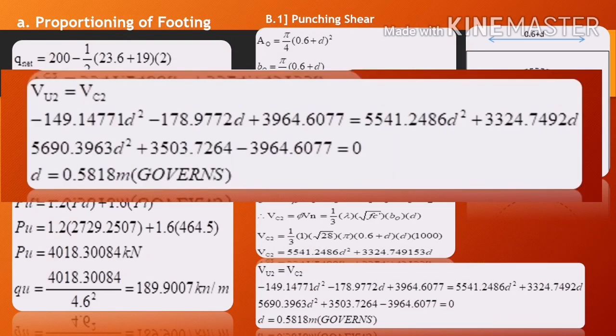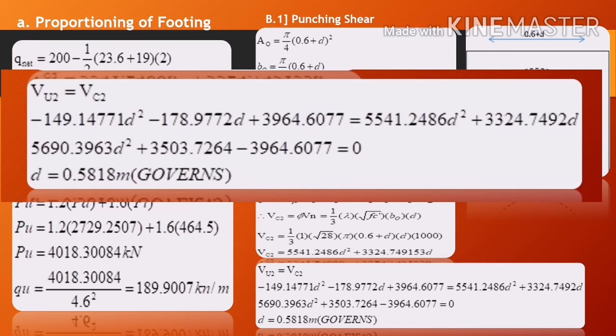So, negative 149.14771 D squared minus 178.9772 D plus 3,964.6077 is equal to 5,541.2486 D squared plus 3,324.7492 D, which will be simplified as 5,690.3963 D squared plus 3,503.7264 D minus 3,964.6077 will be equal to 0.